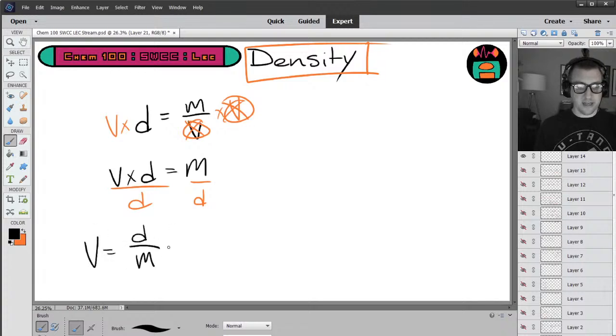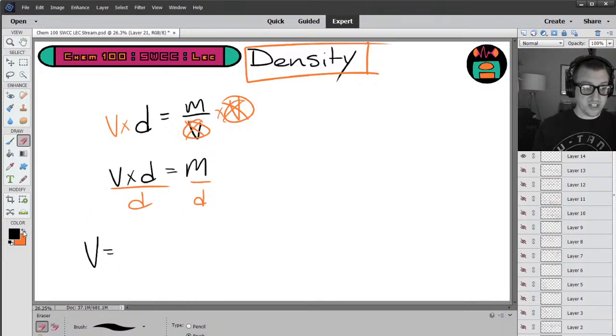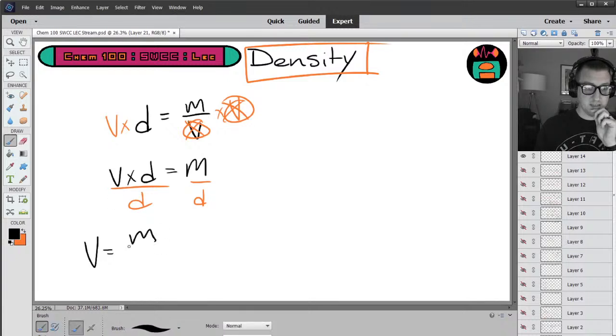And we get a new expression, volume is equal to density divided by mass. Now, we're given our density, it's 1.008 grams. Oh wait, hang on. My bad. If I just look at what I've written above, volume is equal to mass over density. There we go.